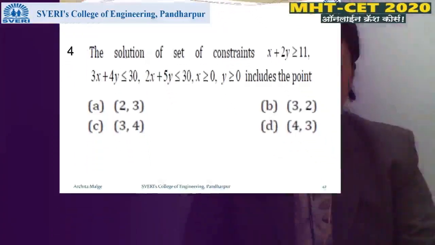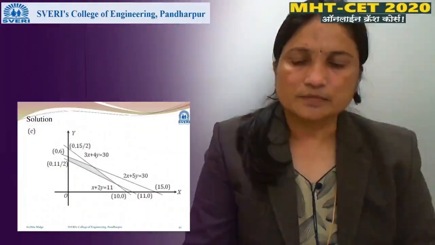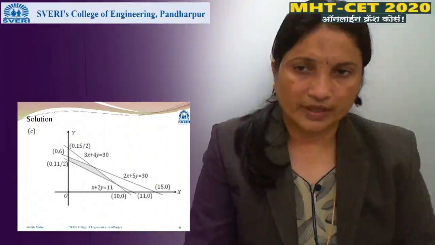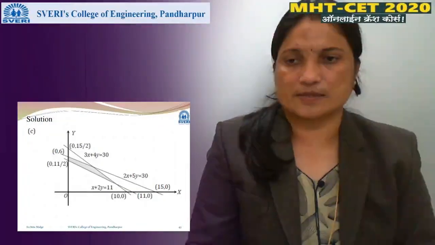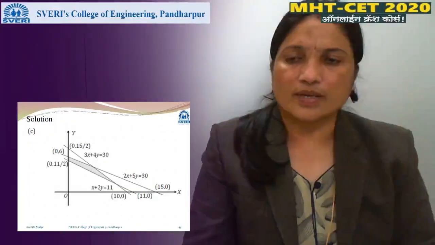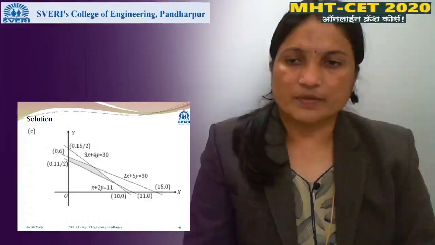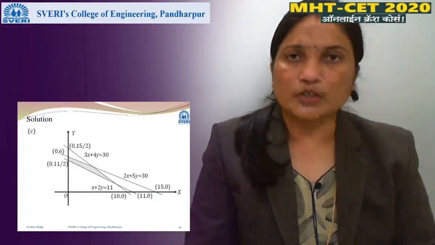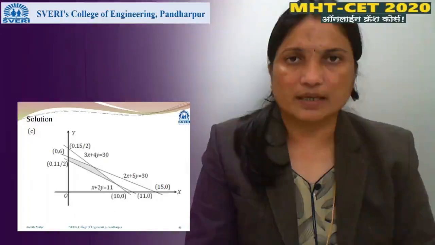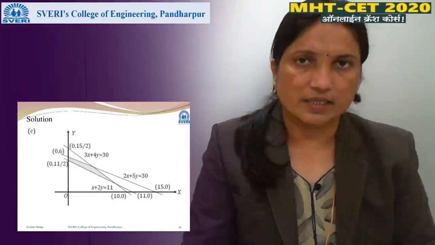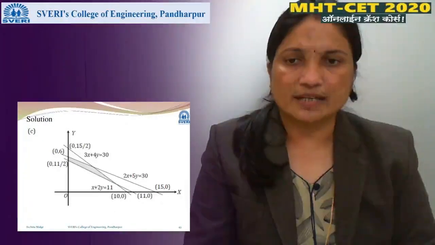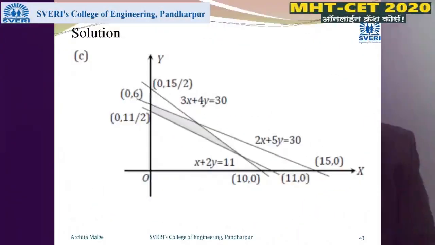By using these three equations, we are drawing the lines on this graph. First, we get the points of intersection by putting x equal to 0 and y equal to 0, and we will get the line like this. First, 3x plus 4y is equal to 30, and for this, if we keep y equal to 0, x will be 10.